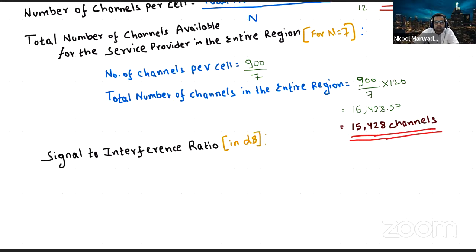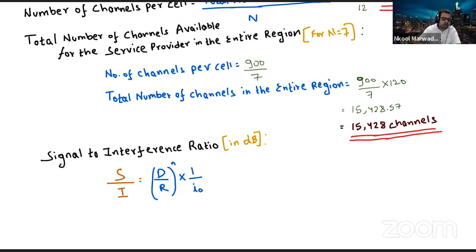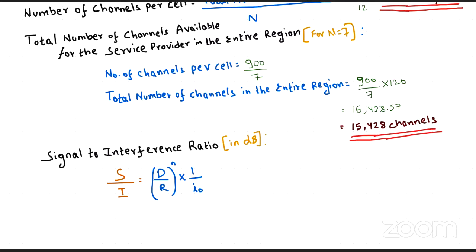So tell me one thing, how will you do this? There is a formula: signal to interference ratio equals (D by R) to the power n by I naught, where n is the path loss exponent and I naught is the number of co-channels. If it's hexagonal, I naught will be 6.